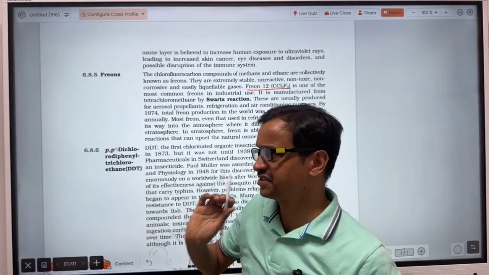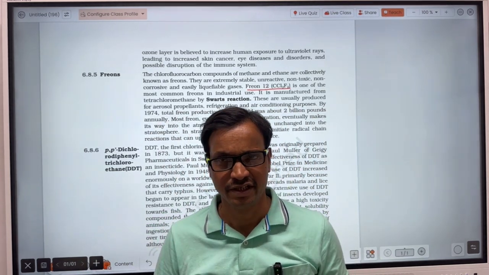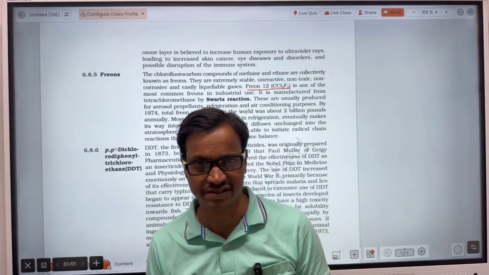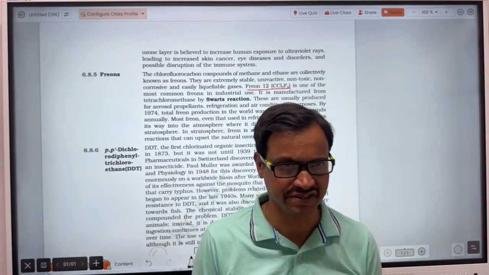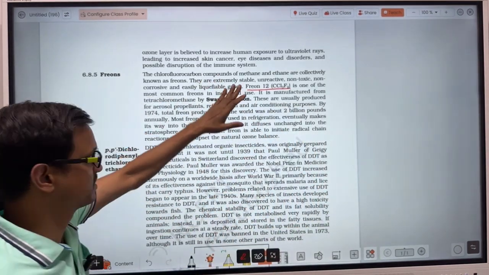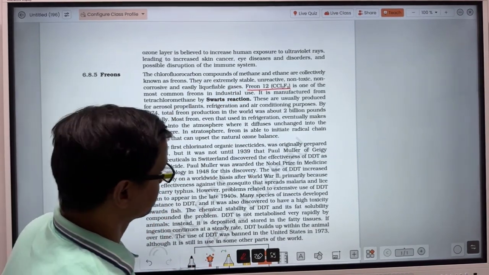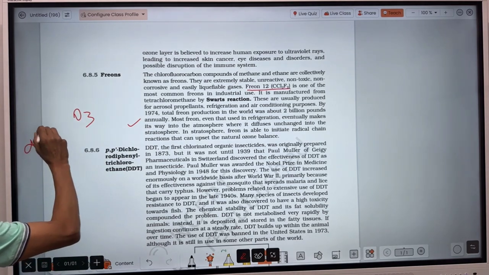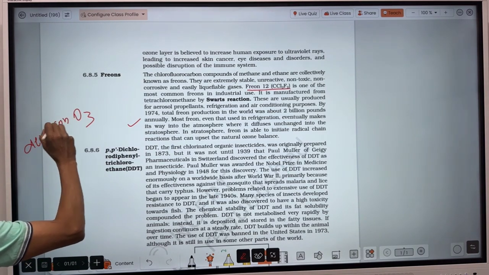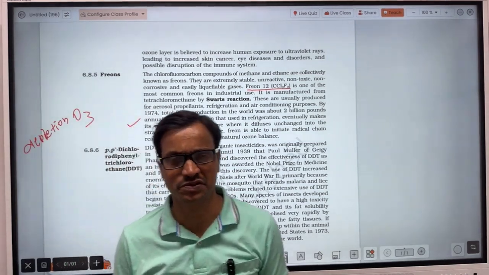In AC, this CF2Cl2 is used, and in addition to AC, in your fridge, this CF2Cl2, that is freon, is used. And this CF2Cl2 causes depletion of ozone.